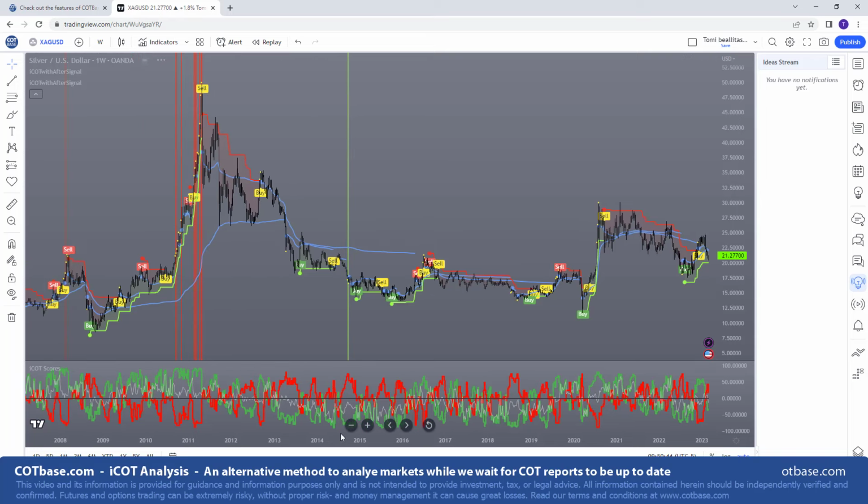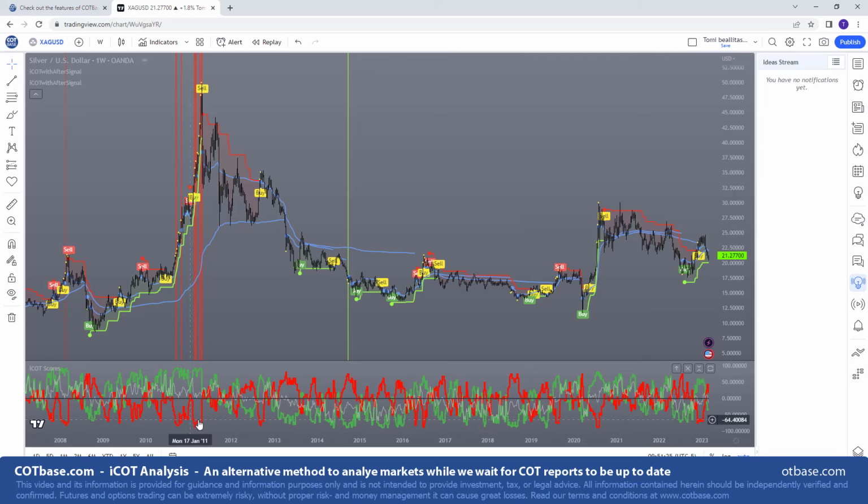And you can see that with iCOT scores, this indicator, you can actually get a very close tool. Obviously it's not showing exactly what the COT report is showing, but this is a weekly candlestick chart. The reason I've chosen weekly is that the classical COT reports come on a weekly basis, so every candlestick here represents 1 week.